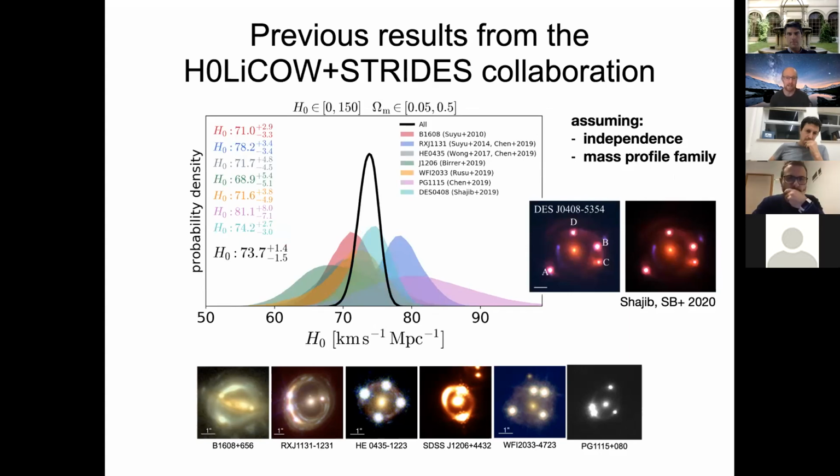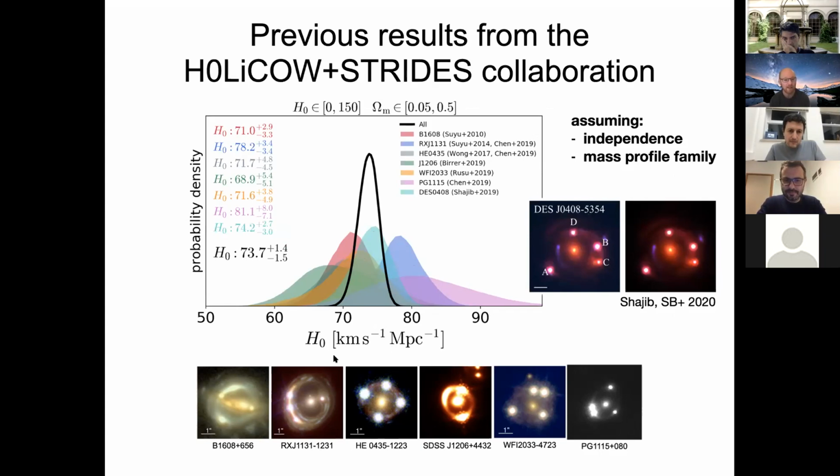So then, last year, pretty much a year ago, we added the 7th lens into this picture. This is from Shajib et al., from the STRIDES collaboration. And this is the most precise single lens measurement of the Hubble constant. This is the magenta one, and it's very consistent with the previous ones.